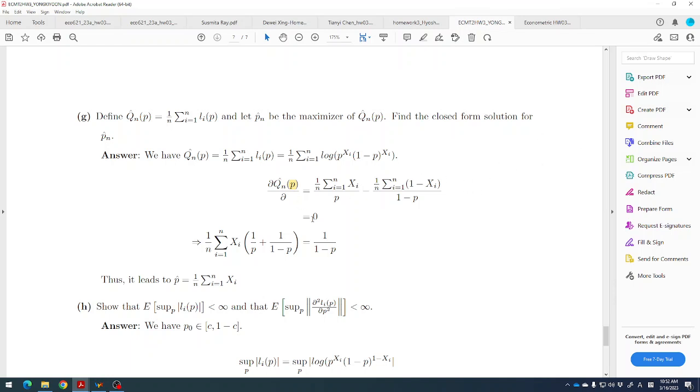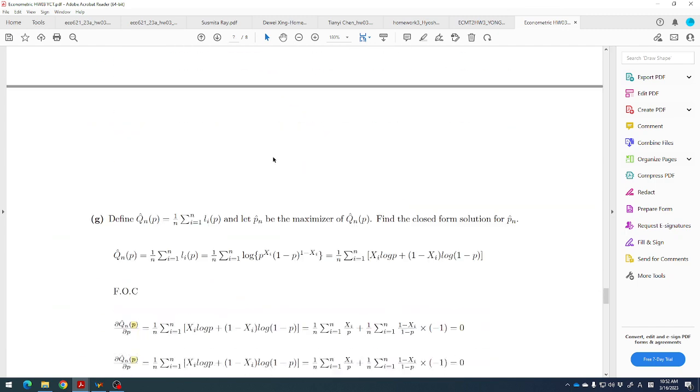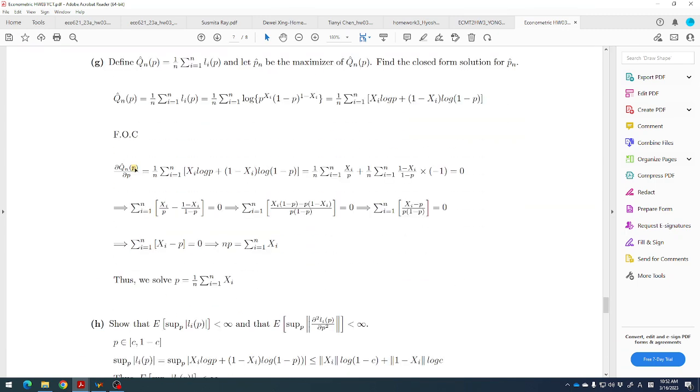And also when you say equals 0, you have to state the condition when this becomes 0. Finally, again, same thing. The derivative equals 0 is true only when this p equals some specific value, right? So the sentence is not complete.